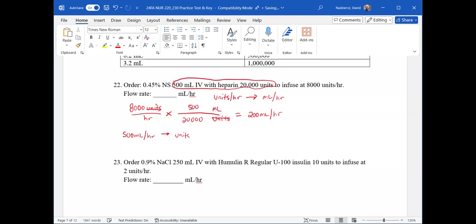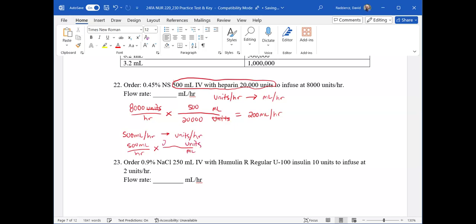So this is just a separate scenario. Okay. What I'm going to do is take, again, the 500 milliliters per hour, which is my starting infusion rate. And in this instance, I'm trying to get rid of milliliters in exchange for units.